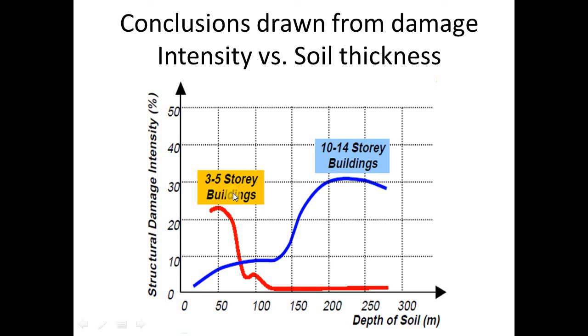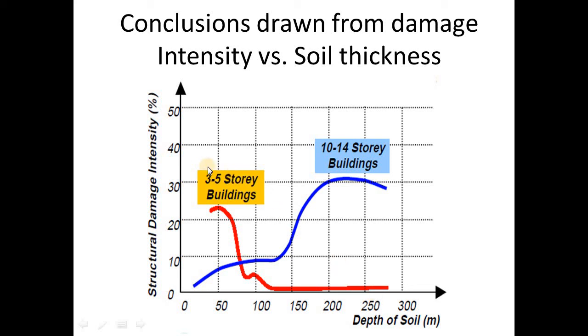So that means the soil did dissipate the waves of long period, while in other places where the soil thickness was high, the damages were not severe, or they were minimal, because the soil did filter the short waves for the short building stories.